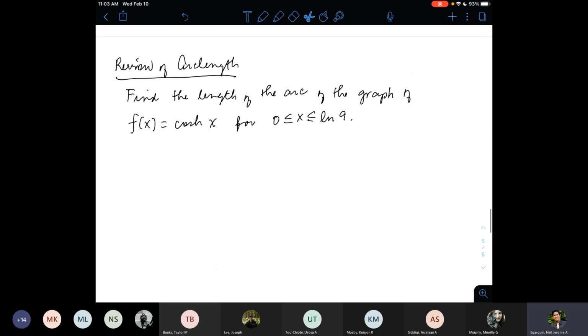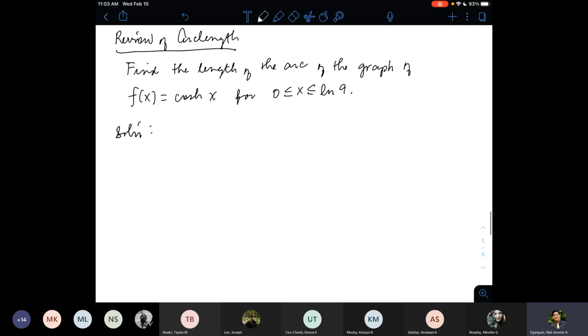Recall that the formula for the arc length is the integral from a to b of the square root of 1 plus the derivative squared dx. And analogously, if your function is given in terms of y, then this will be an integral from c to d of the square root of 1 plus g prime of y quantity squared dy.